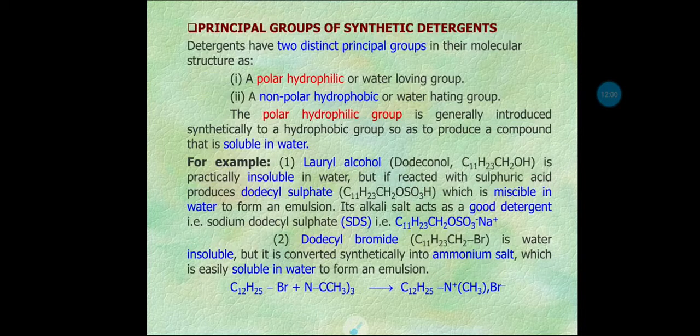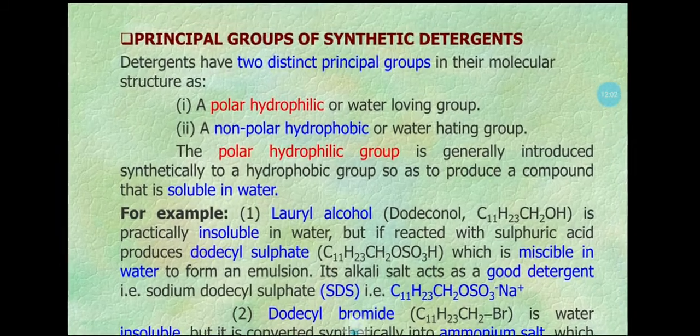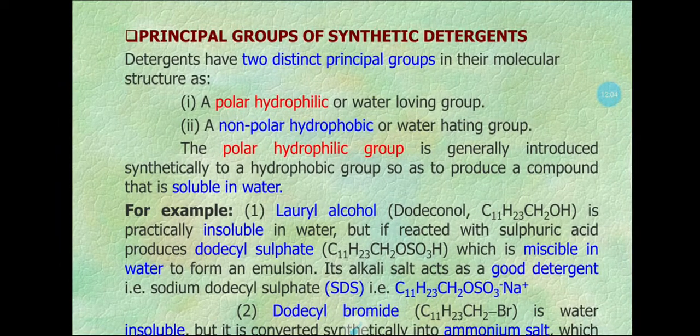So, let us see the principal groups in synthetic detergent. Detergents have two distinct parts in their molecule, similar to soap. The first part is a polar hydrophilic, or water loving, group.